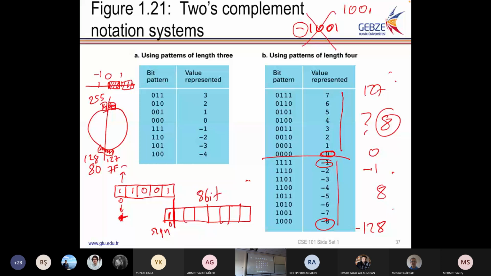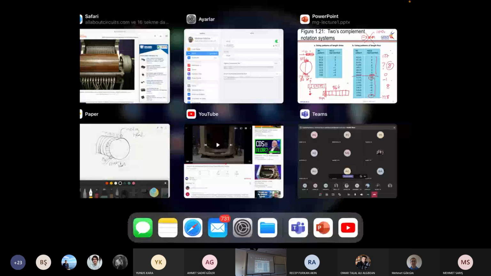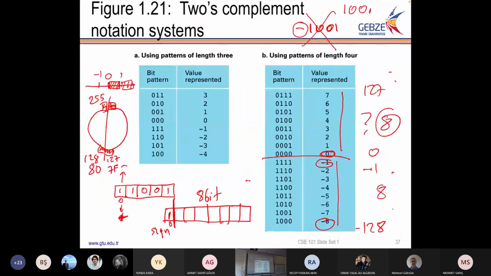Back. So since we have 0 here, we need to add 1 because we don't have -1. You can think of that way. We don't have -0. We only have -1.